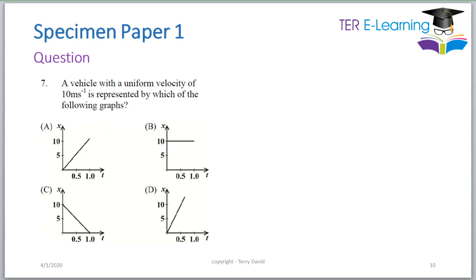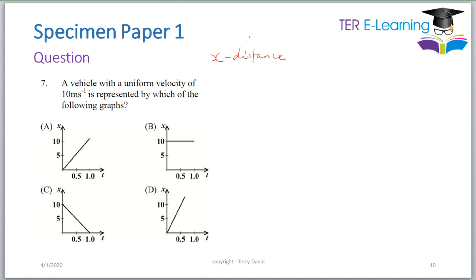So let's look at number 7 here. A vehicle with a uniform velocity of 10 meters per second is represented by the following graphs. Now, what I noticed in this question is they didn't specify what x is. So I will assume that x in this particular case is distance.